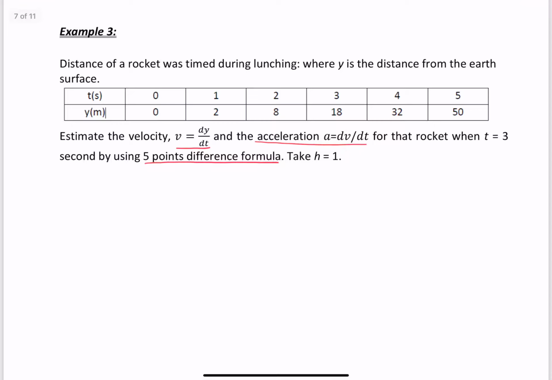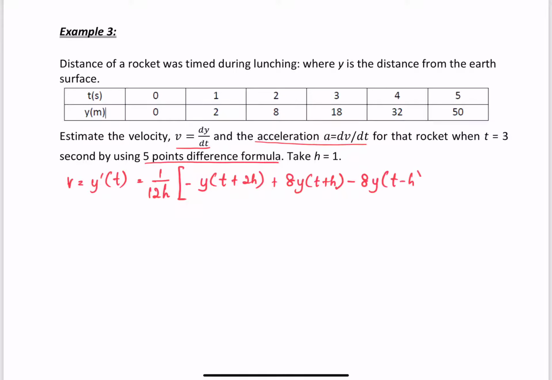So what you need to do is first find the first derivative, which is v equal to y prime t, and the formula is 1 over 12h times minus y(t plus 2h) plus 8 y(t plus h) minus 8 y(t minus h) plus y(t minus 2h).